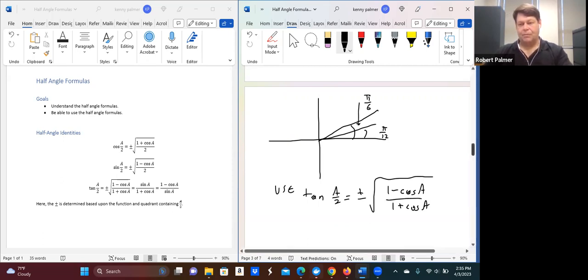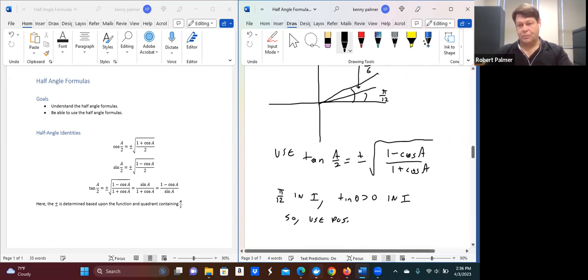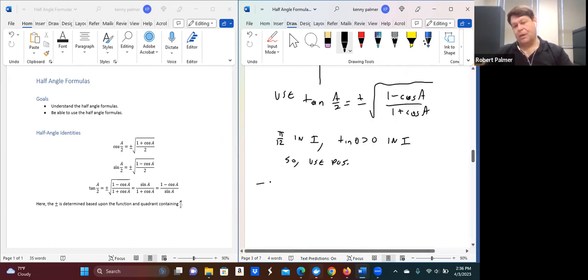Now once again, figure out which sign we use. So pi over 12 is in quadrant 1, and tangent of theta is greater than 0 in quadrant 1. Everything is positive in quadrant 1. So we're going to use the positive version. Now let's plug everything in.